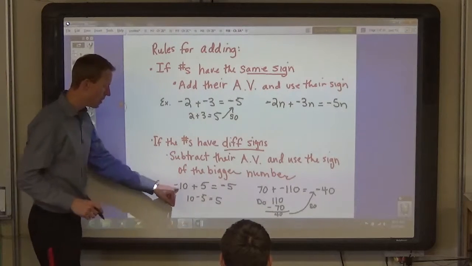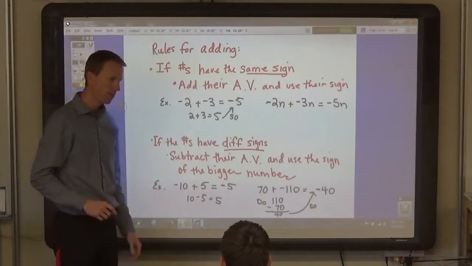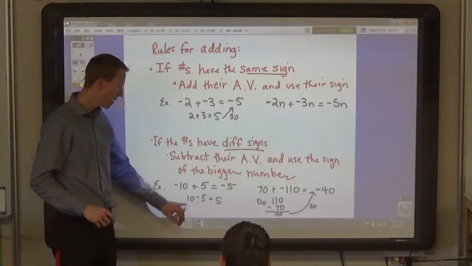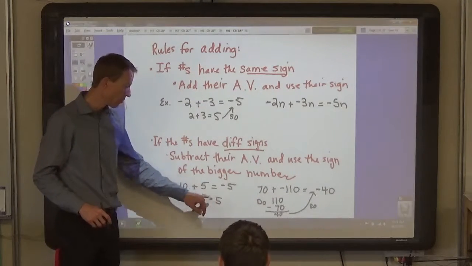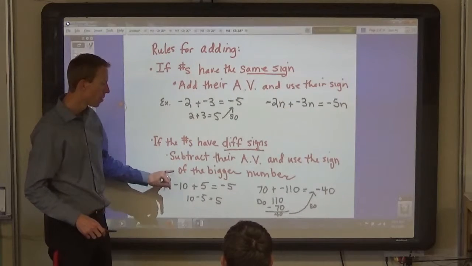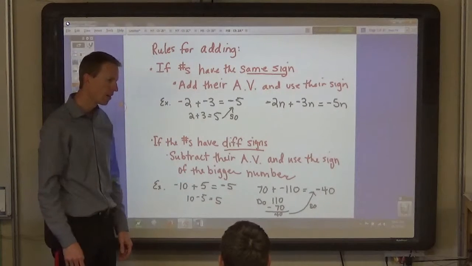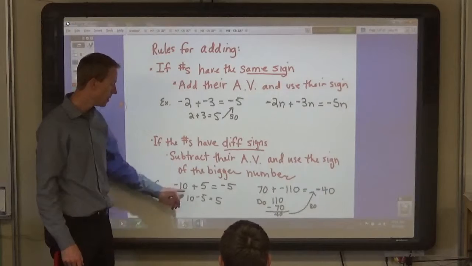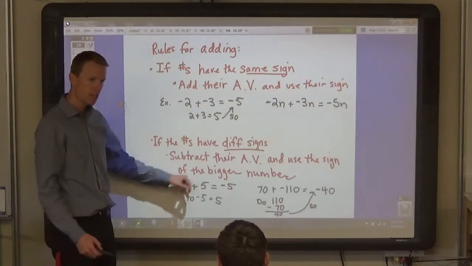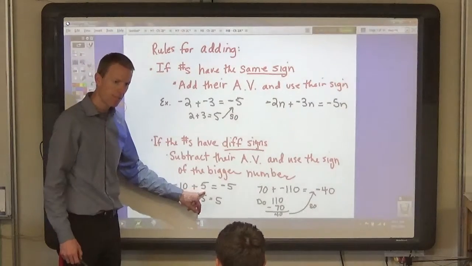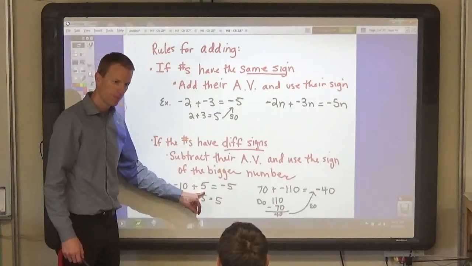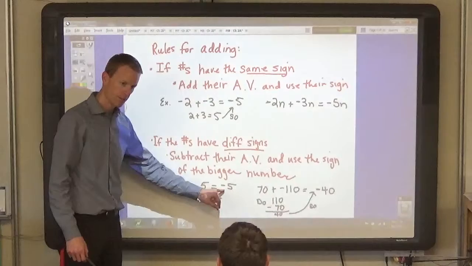If you have -10 plus 5, then to find the answer, you'd use 10 minus 5, which equals 5, and then use the sign of the bigger absolute value. Since -10 is 10 spaces from 0, and 5 is only 5 spaces from 0, then we'd use the negative sign.